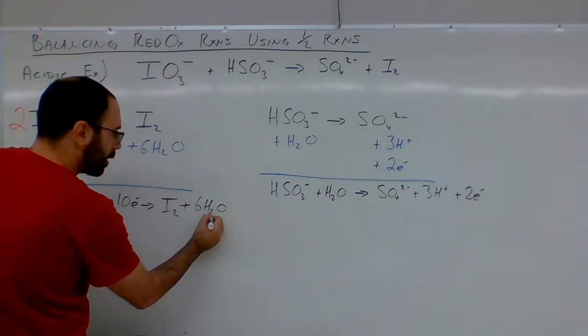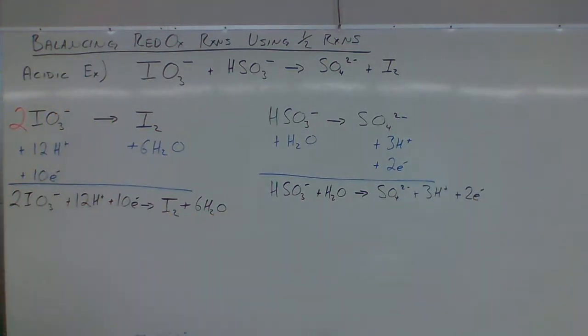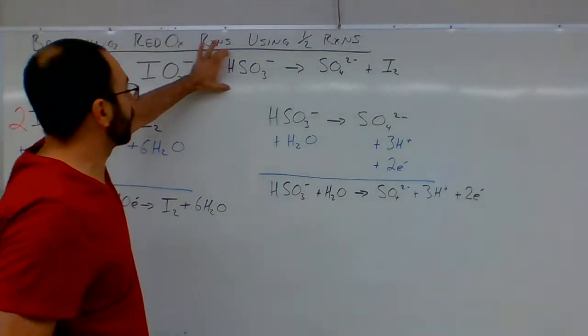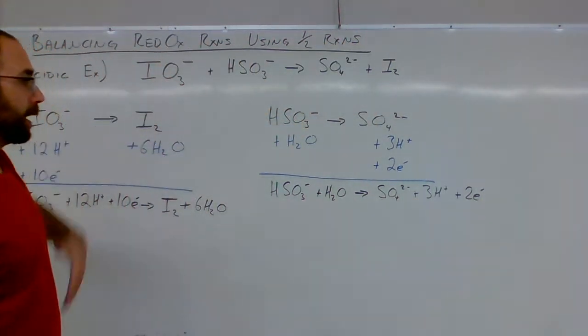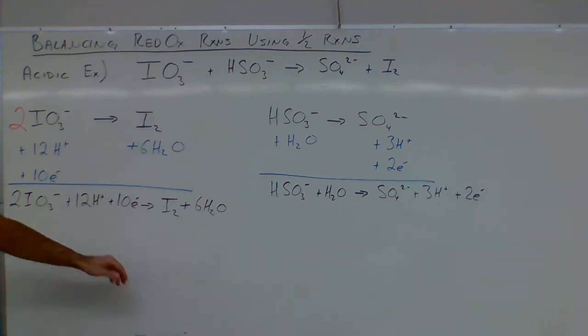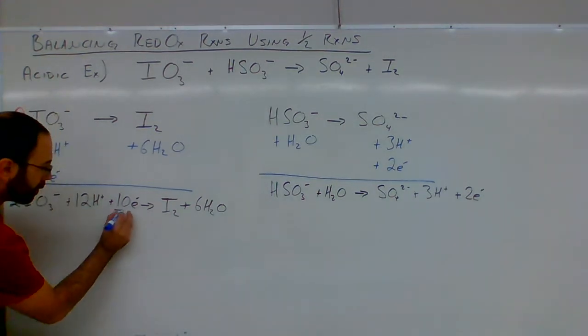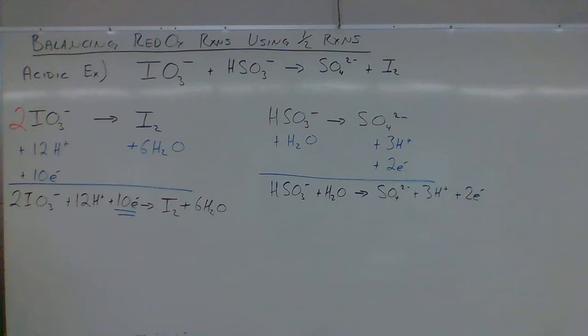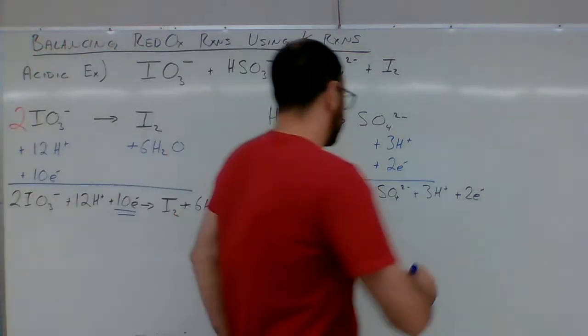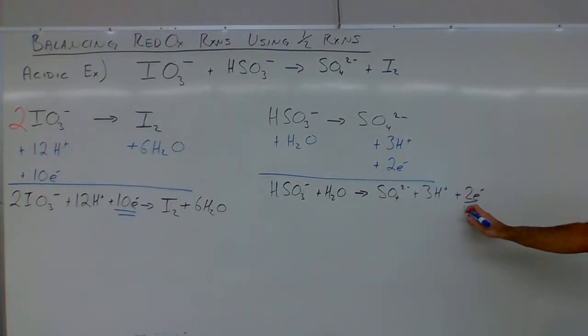Our next step here is then to multiply each half reaction by an integer to balance out the electron transfer. We've got to take this overall equation and balance it out. What we're looking at here is I have 10 electrons in this half reaction, but I only have 2 electrons in this half reaction.